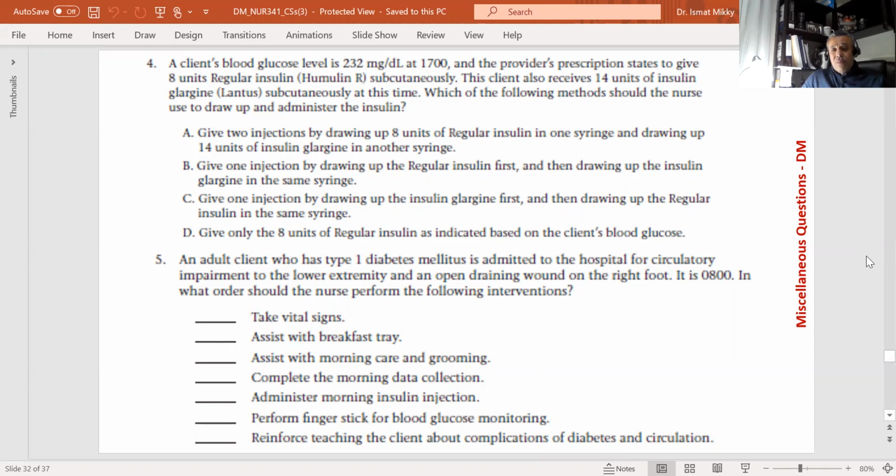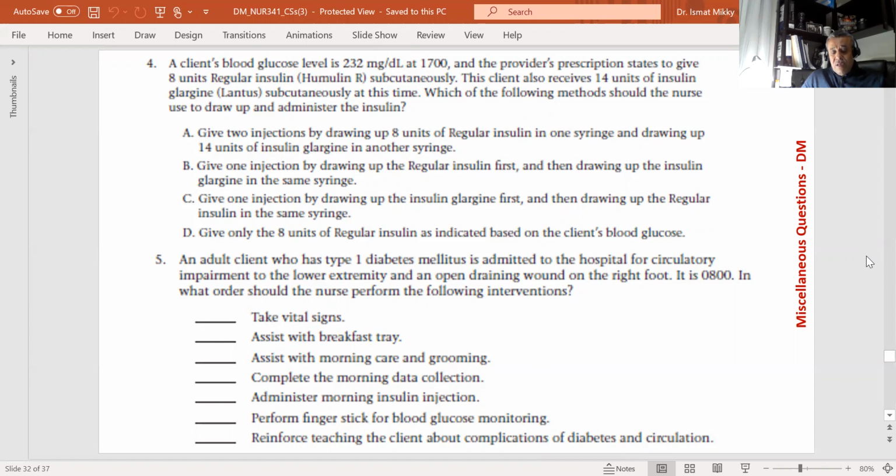Number 5, the type 1 diabetes patient admitted to the hospital. This is another prioritization or ranking question in terms of the interventions.